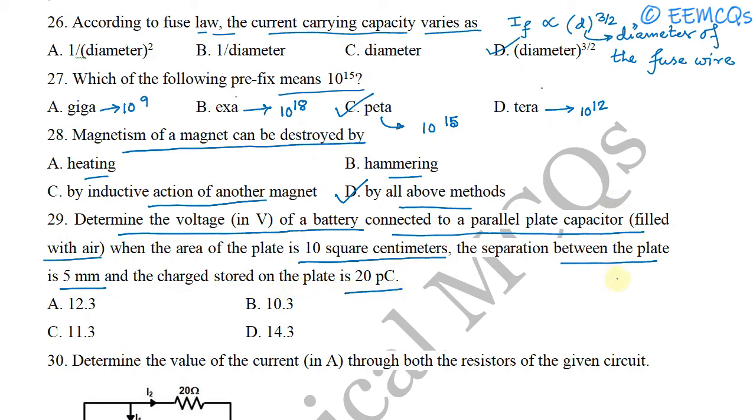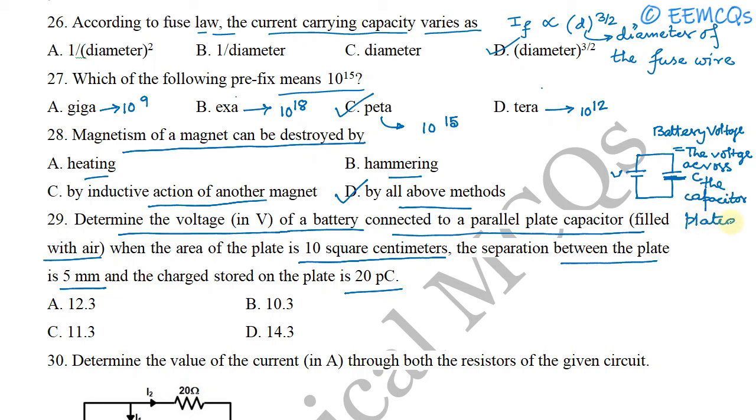Okay, here the situation is like this. A battery is there and a capacitor is there, and you have to find out the voltage of the battery. Okay, so definitely at steady state, what do we know? The battery voltage is equal to the voltage across the plates of the capacitor. So here basically we have to find out what is the potential that is appearing across the capacitor.